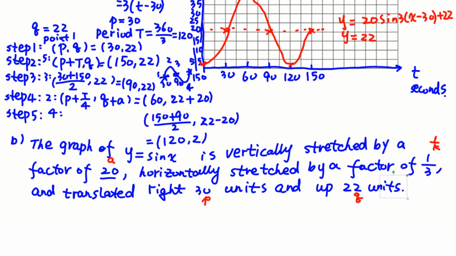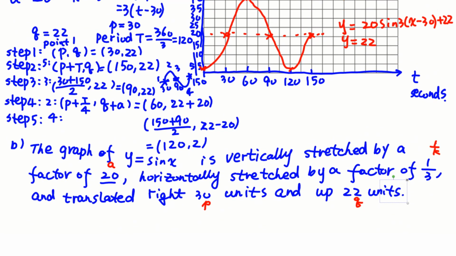Then after that, from this one, we are going to see the minimum and maximum. So maximum, we know it is Q plus the absolute value of the A. So the Q is 22, then plus 20 gives you 42.